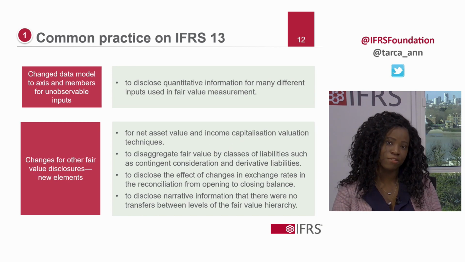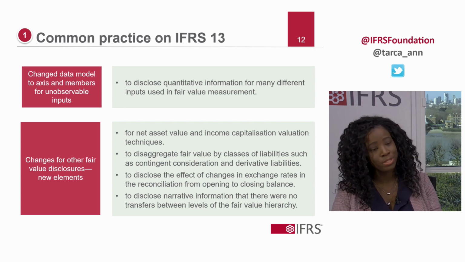The third set of new elements result from an enhanced modeling of unobservable inputs used in determining fair value. We observed that companies disclose information about many company-specific unobservable inputs for which they have to create extensions. We have not added all of these inputs to the IFRS taxonomy. Instead, we changed the modeling for these disclosures to make it easier for users of financial statements to analyze the information.